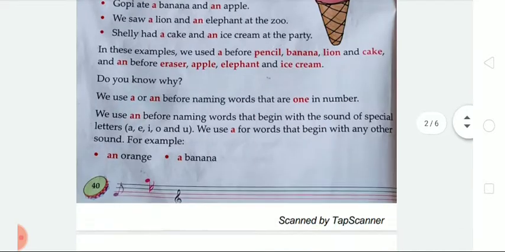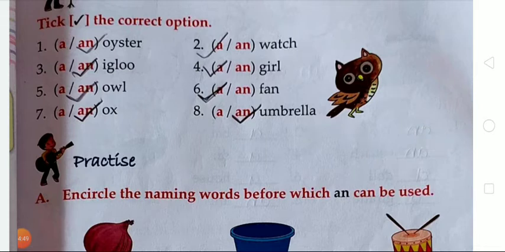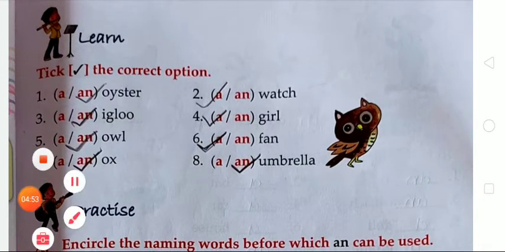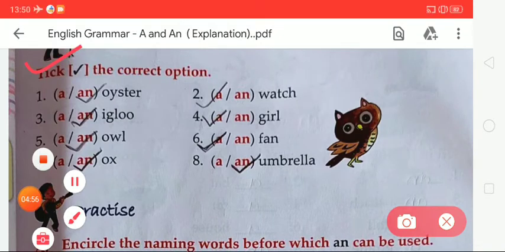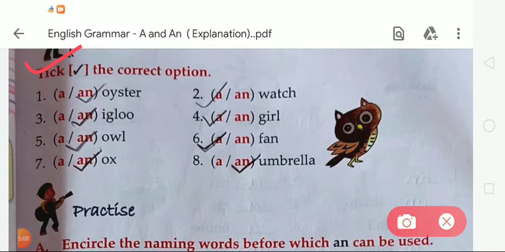Okay students, so let's do the exercises given on page number 41. Here is the first exercise: take the correct option. Here we have to use a or an with the word, so we have to choose the correct option according to the word.